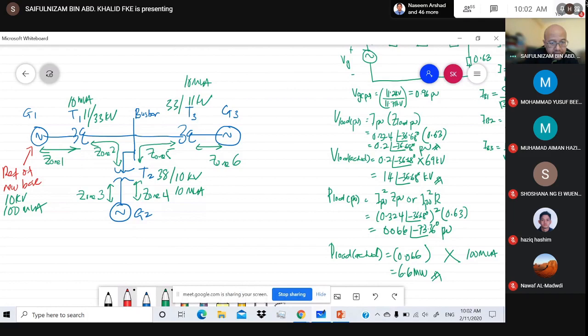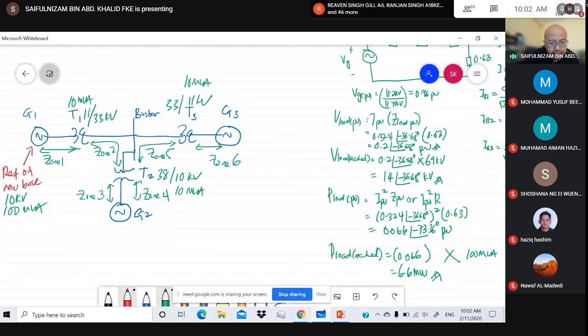From the HV side of T1 to the HV side of T2, and then from the HV side of T2 to the HV side of T3, and another one.